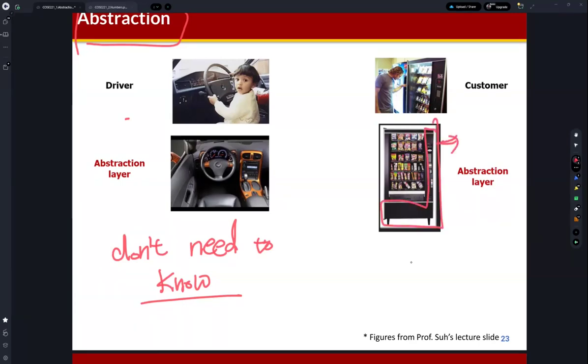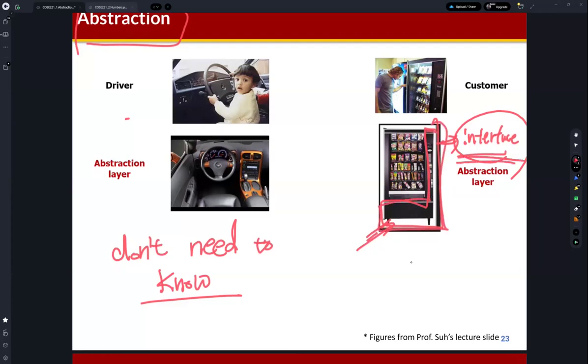So this is the interface. We don't know the inside of a vending machine, right? We don't know about the inside mechanism, the inside processors of a vending machine, but only the required interface.